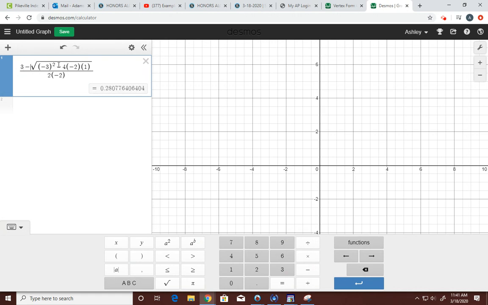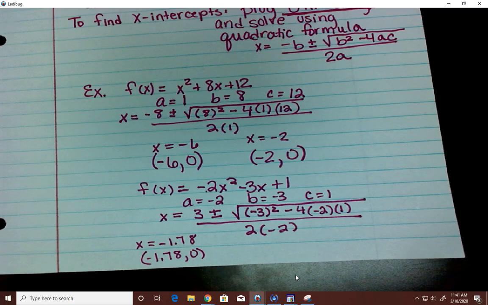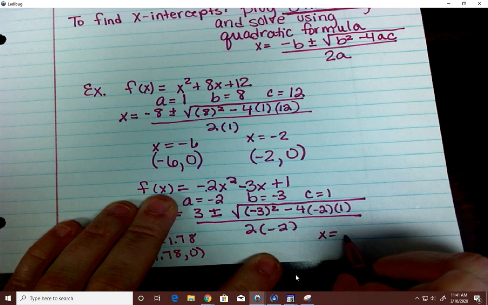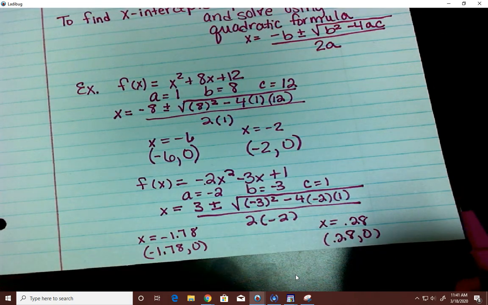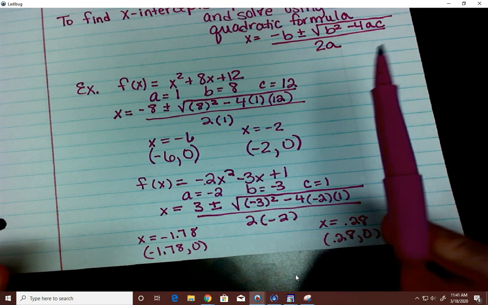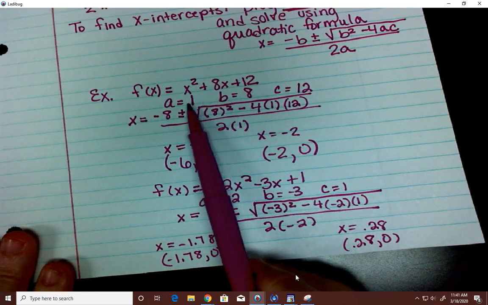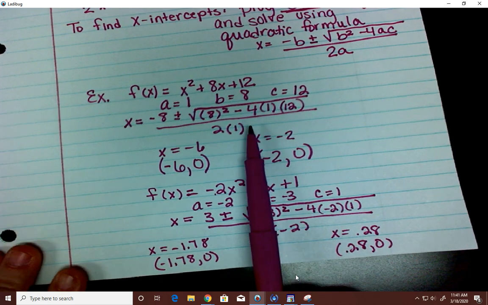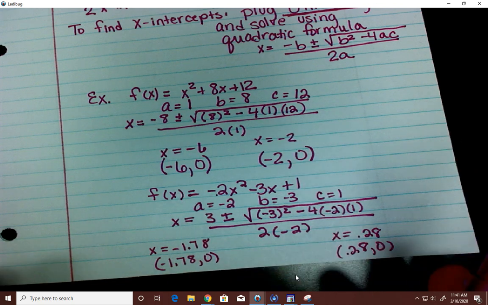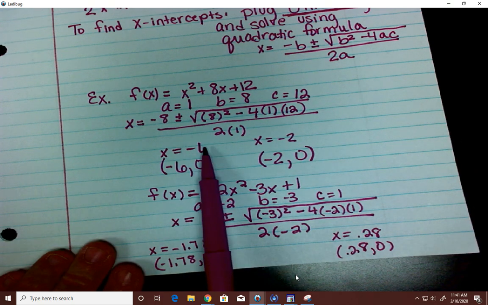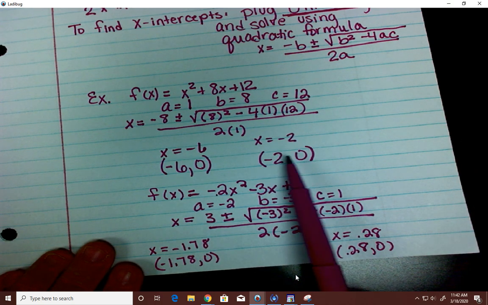And I get 0.28. So that would be (0.28, 0). So just for review, when you want to find your x-intercepts, identify your a, b, and c, plug into the quadratic formula. The two answers you get are your two separate x-intercepts. So you write that number with 0, that number with 0.